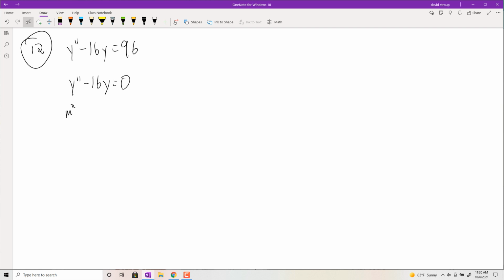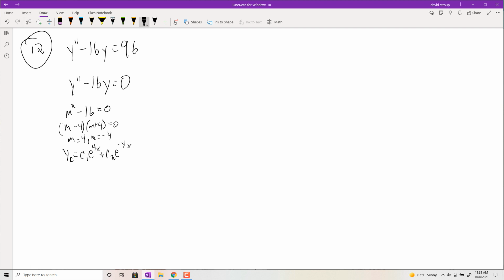Get the characteristic equation, m squared minus 16 is 0, so this would be m minus 4, m plus 4 is 0, so m is 4, m is negative 4, and then my complementary part of the solution will be y sub c equals c1 e to the 4x plus c2 e to the negative 4x. Okay? So that will be part of your solution.